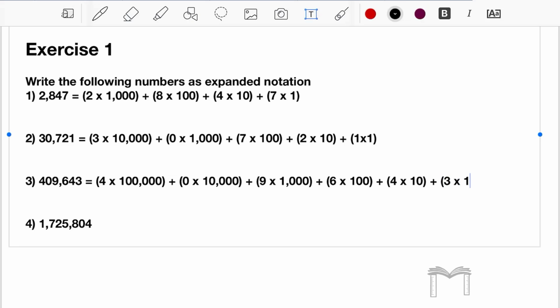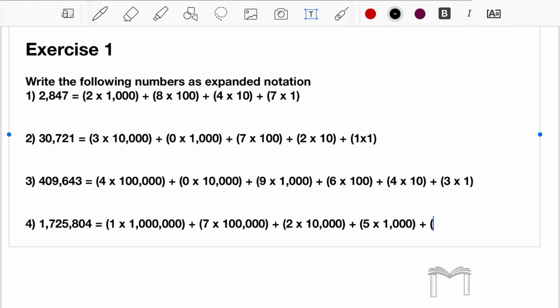Number 4. 1 times 1 million plus 7 times 100,000 plus 2 times 10,000 plus 5 times 1000 plus 8 times 100 plus 0 times 10 plus 4 times 1.